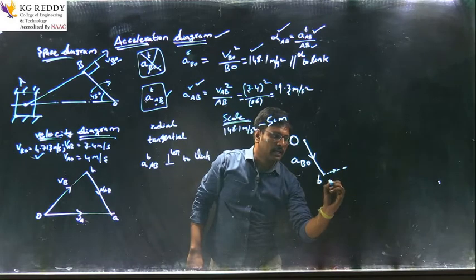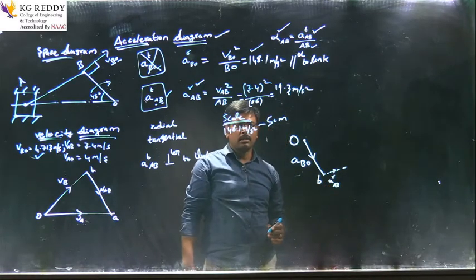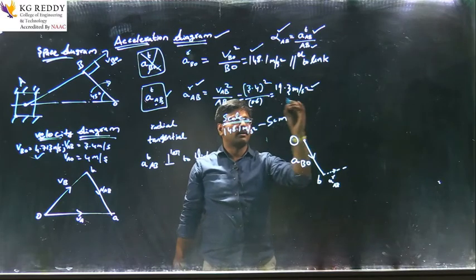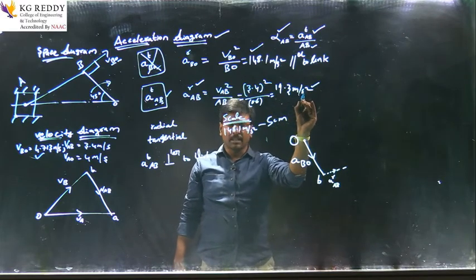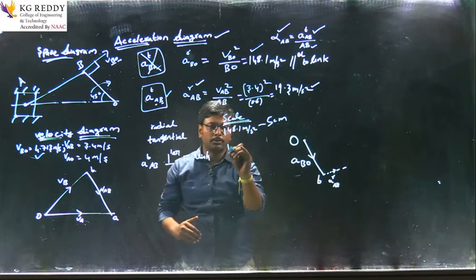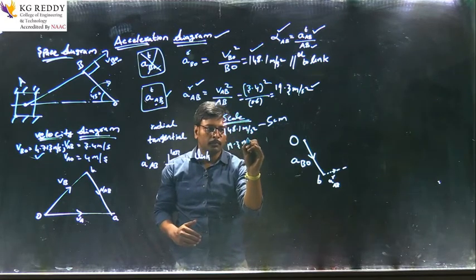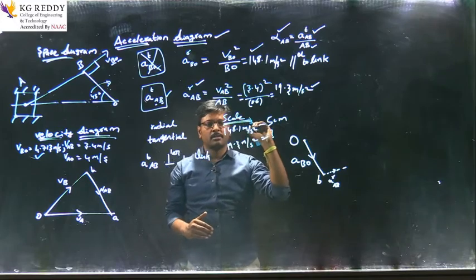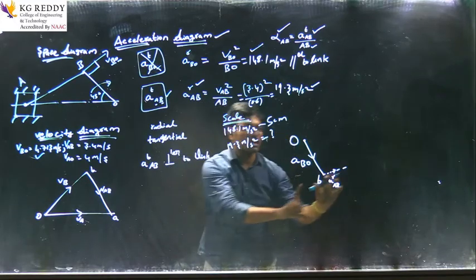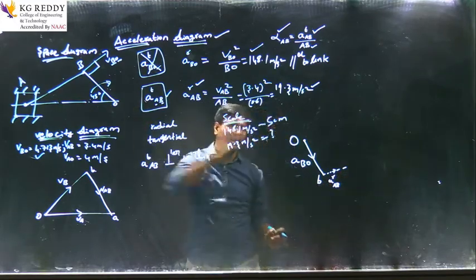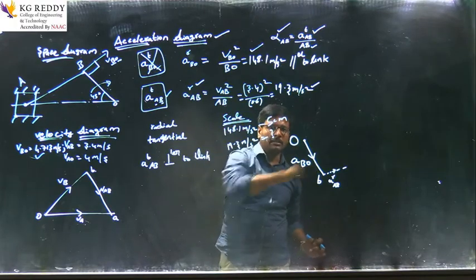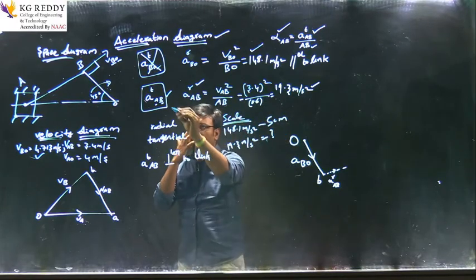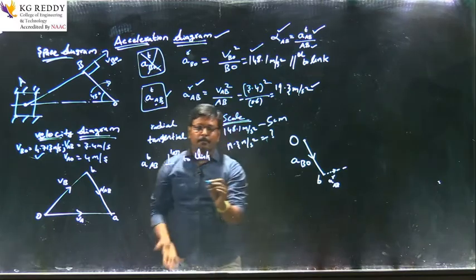This is the radial component of acceleration of A with respect to B, and it comes from 19.3 meter per second square, which we have to again convert into how many centimeters. That is the value we have to take here, and this is parallel to the link.